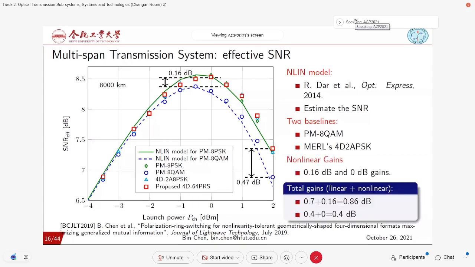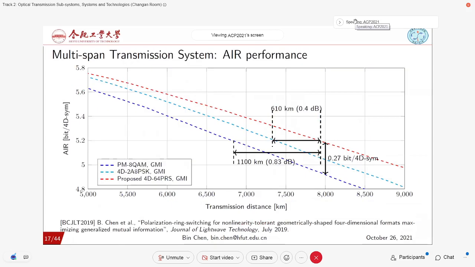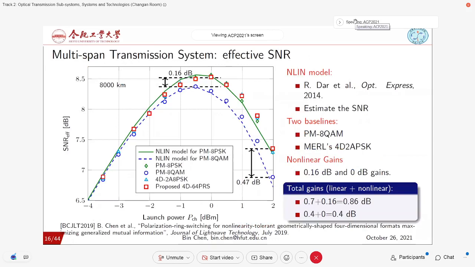But if we compare PM QAM with the other two constellations, which have constant modulus, it has a lower SNR at the same distance. This distance is after 100 spans. Each span is 80 kilometers, and so in total we can get about 0.16 dB gain in terms of nonlinear shaping gain. On top of the linear shaping gain, the total gain is more than 0.8 dB.